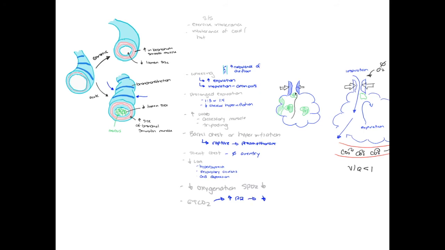The problem is that as that person starts to fail, so as our respiratory rate decreases or the patient becomes fatigued, we're no longer going to be able to compensate, and we're going to have an increasing CO2. So a high end-tidal CO2 in asthma is generally a sign of failure, or it's generally a sign that the patient is entering into failure. So these are kind of the core signs and symptoms that we can see with this patient.